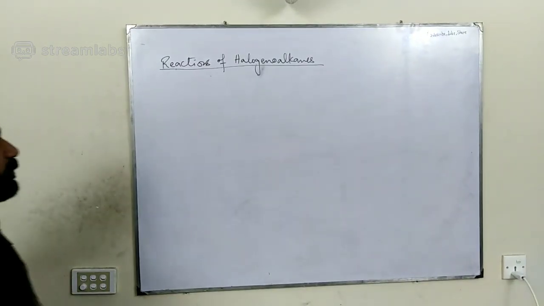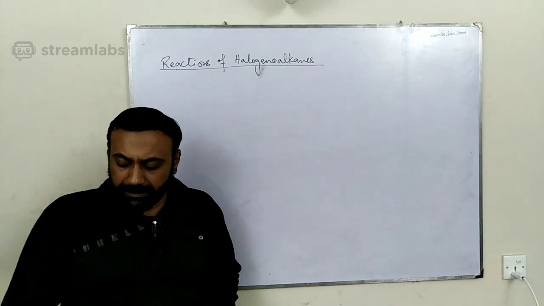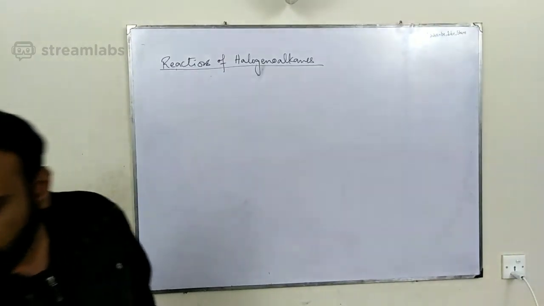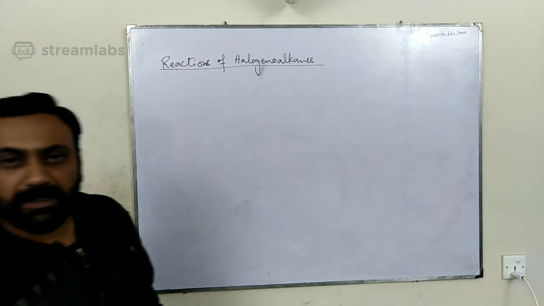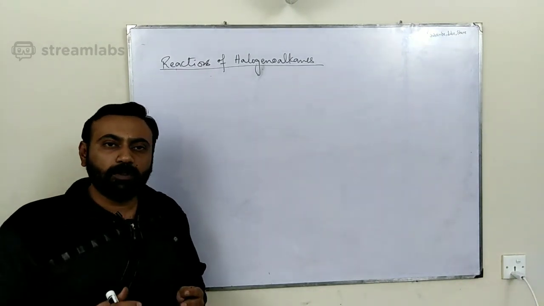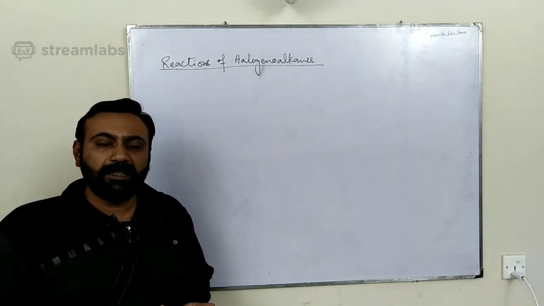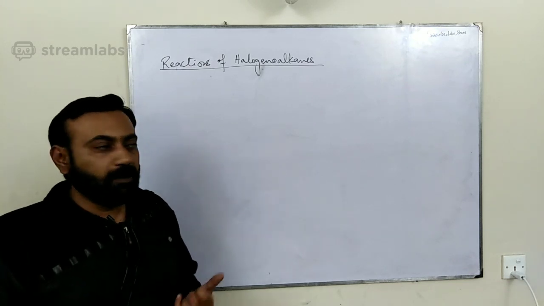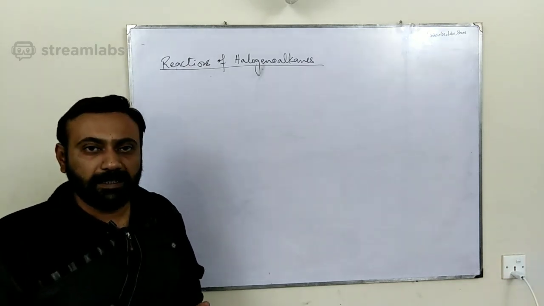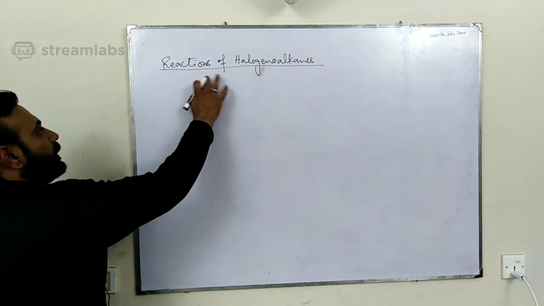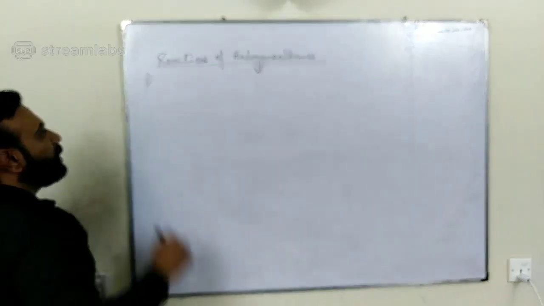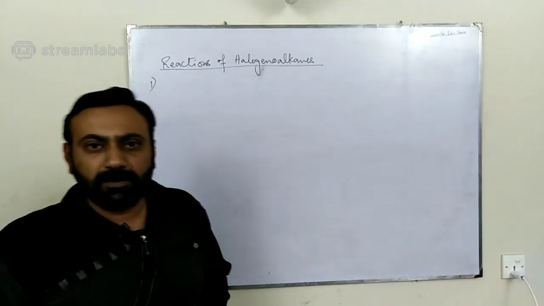Okay, so now we can proceed with the reactions of halogenoalkanes. As I have already told you, halogenoalkanes are non-flammable, so we are not going to study any combustion reaction when dealing with their reactions. They do not undergo combustion under ordinary conditions. So what they do is take part in several other types of reactions.